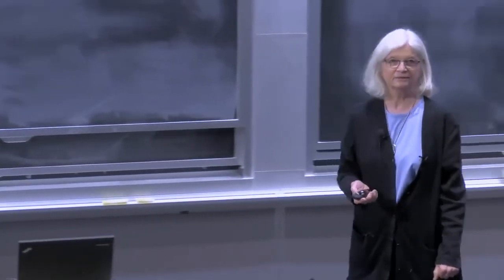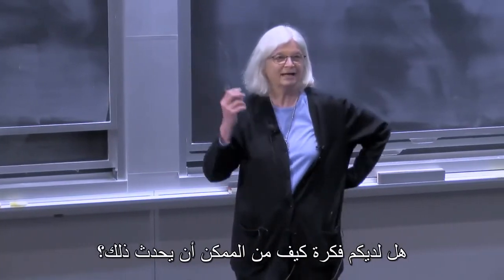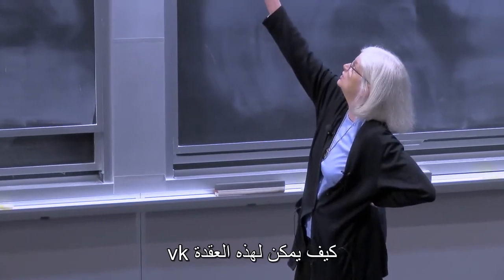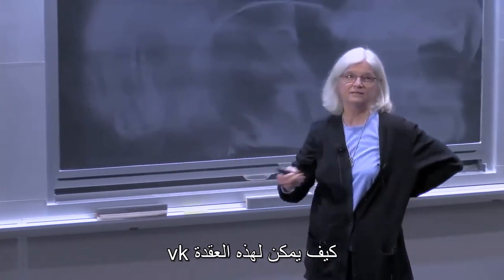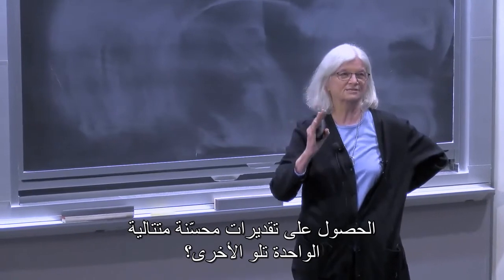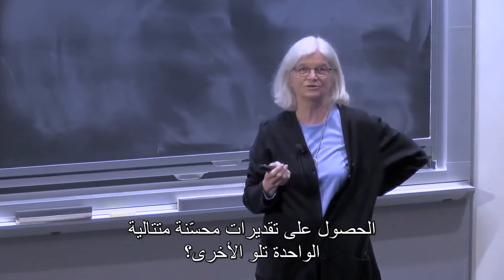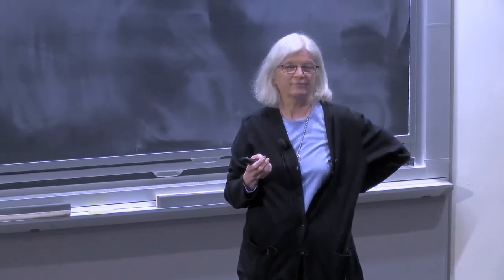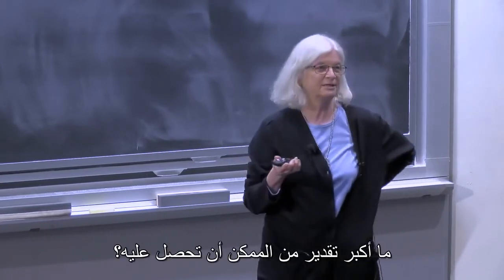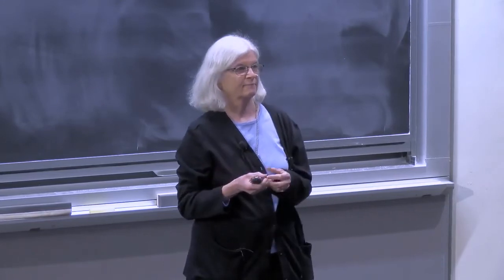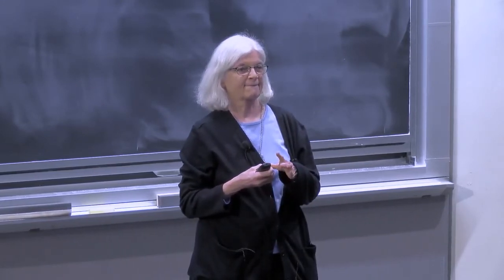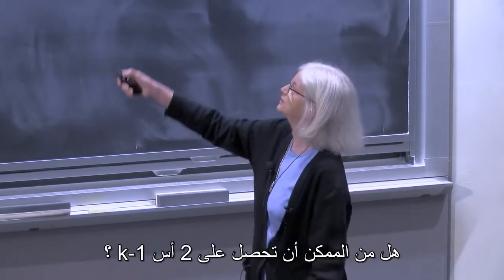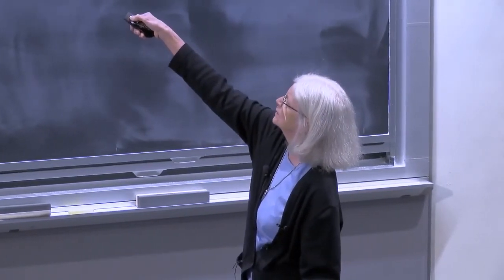Okay, so do you have an idea how this might happen? How could this node, Vk, get so many successively improved estimates one after the other? Well, what's the biggest estimate it might get? It could get 2 to the k minus 1. Well, let's see.